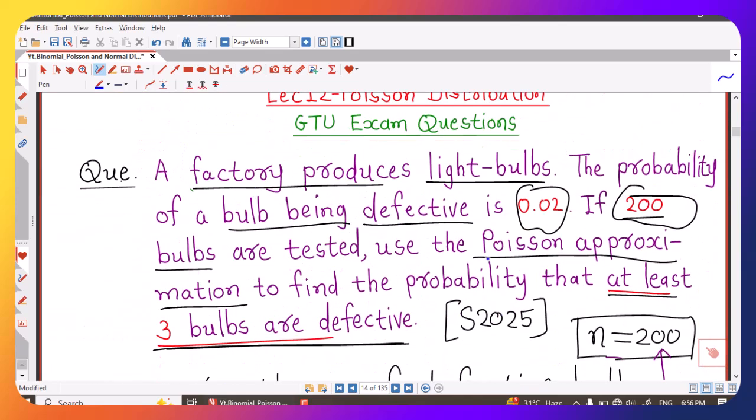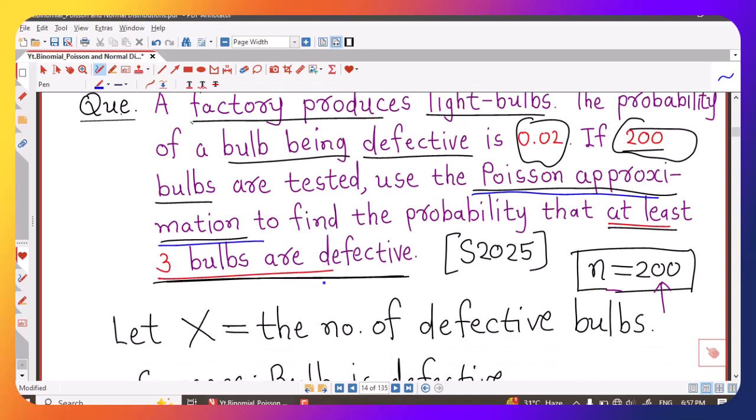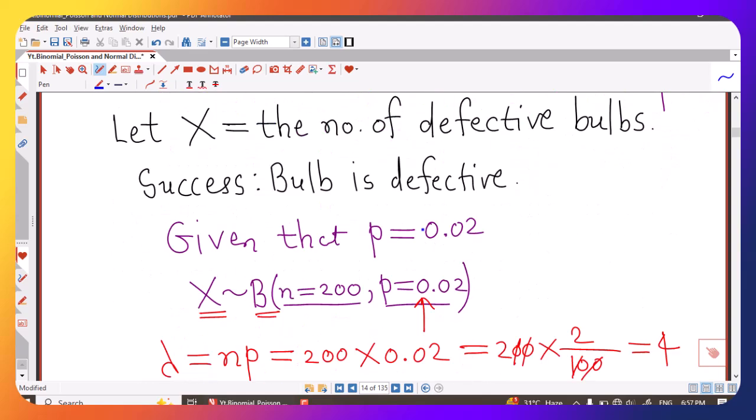And if they specify a particular distribution, then you must use that specified distribution only. You can solve this problem using the binomial distribution also, but because they have specified to use Poisson approximation, you must do this problem using Poisson approximation to the binomial distribution.